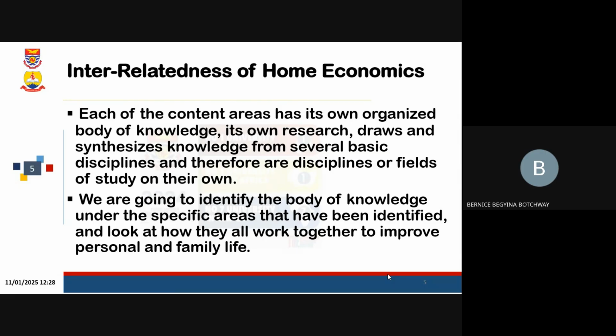Although these concerns seem to stand in isolation, they all have effects on each other. They all use this knowledge to better explain some parts of it. So we are going to identify the body of knowledge under each specific area and look at how they all work together to improve family life and living.